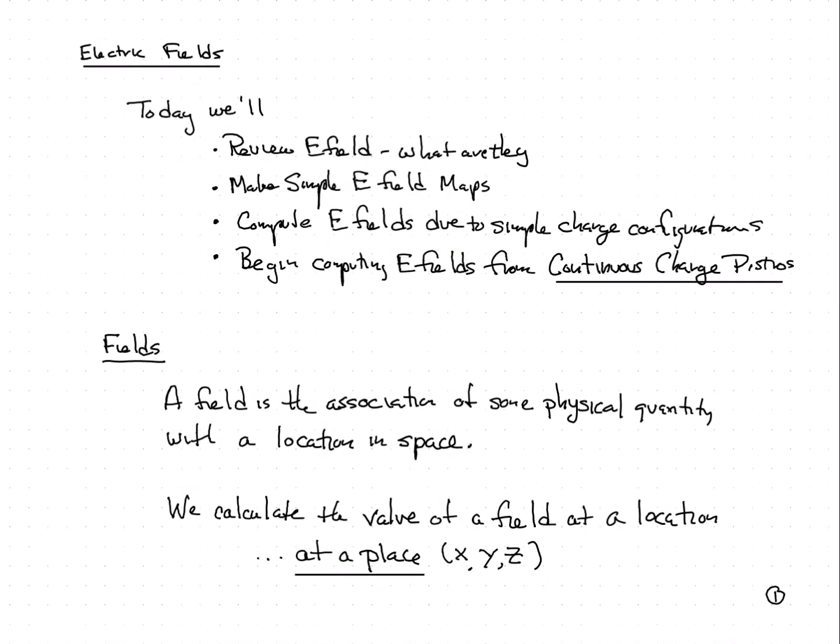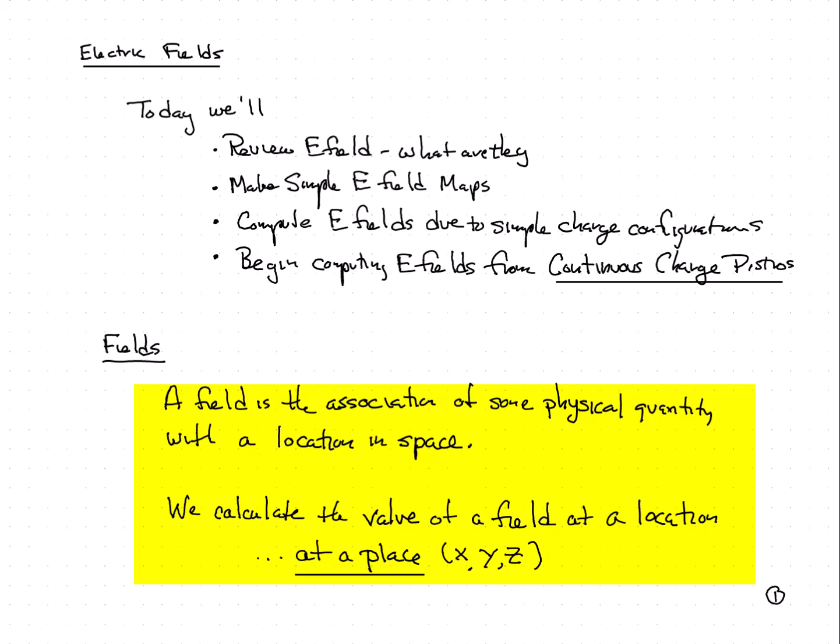So today we're going to review and do some new things with electric fields. And I'm going to remind you that a field is simply an association of a physical quantity with a location in space. And we always calculate fields at a location in space. That's what they are. And electric fields are, we'll talk a little bit more about this, the force per unit charge.